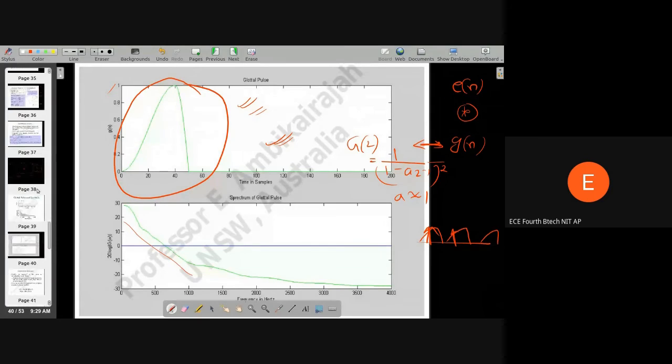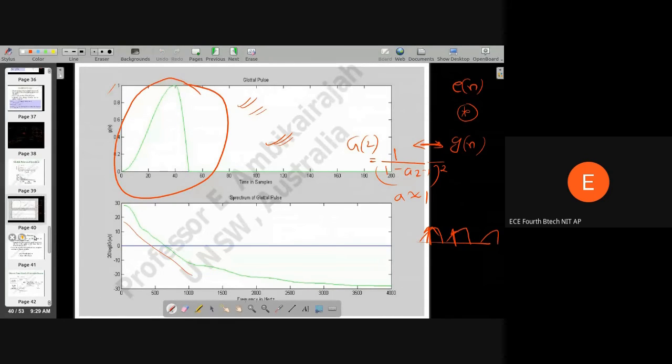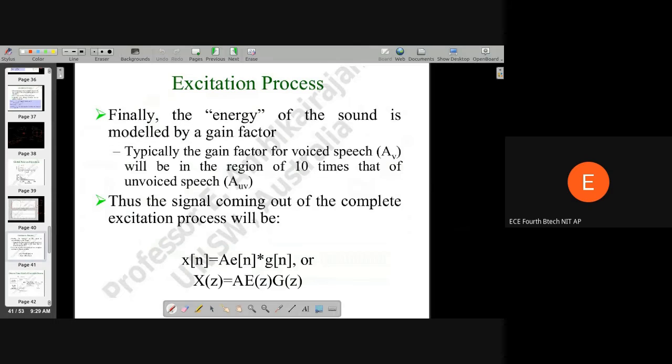Now let's go to, so finally you have e(n) and g(n), this is the excitation process, modeling the excitation. On top of that, we give a gain to the excitation signal, the total excitation signal we found, we just scale it by a certain amount.